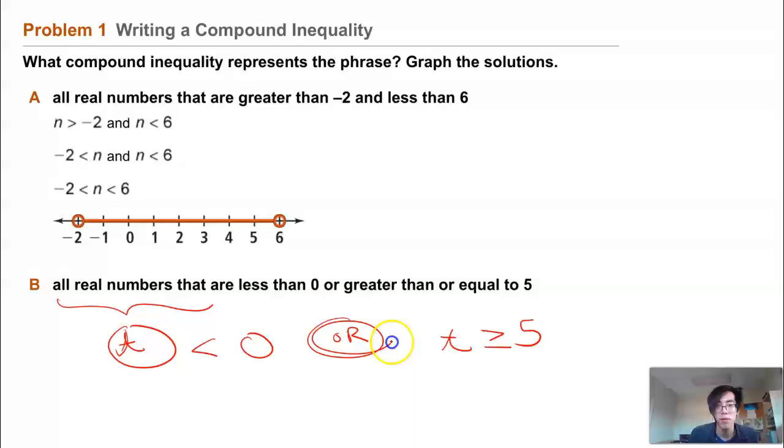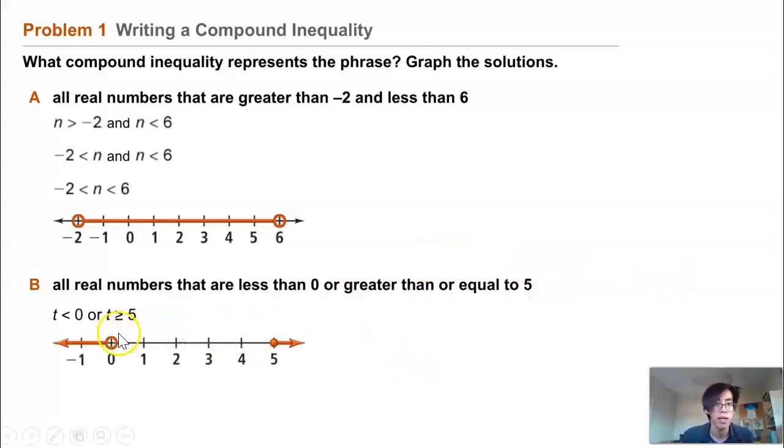If I have an or statement, that means they're going to go in different directions. That's already it, and all I have to do is graph on a number line. So that is what I get. And remember, if there's no equal sign underneath the inequality, it's going to be an open dot. If there is an equal sign underneath, it's going to be a closed dot.